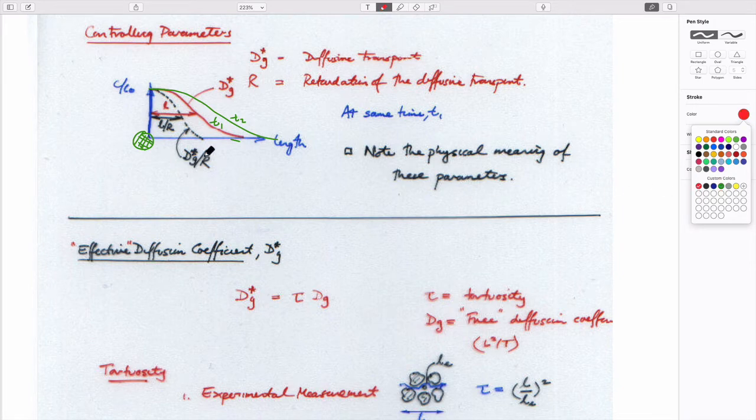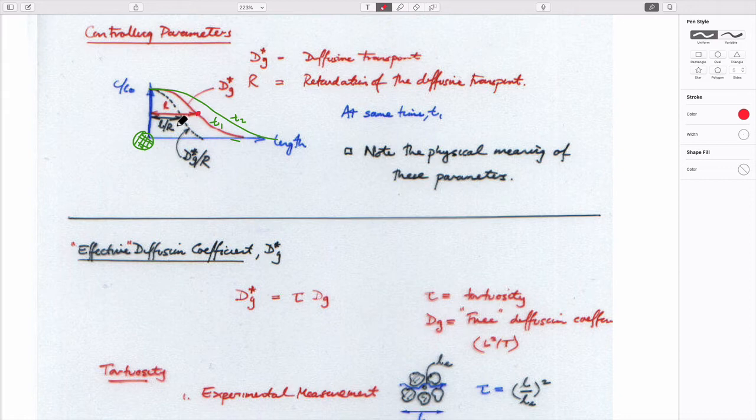But our main interest here is the meaning of the retardation coefficient, even though we haven't yet defined it. And it means that it just shortens the length that's traveled in direct proportion to the magnitude of this retardation. So if it's gone 10 meters in 10 days, and it's a conservative species, if there's a retardation coefficient of 2, then it would go 5 meters in the same amount of time.